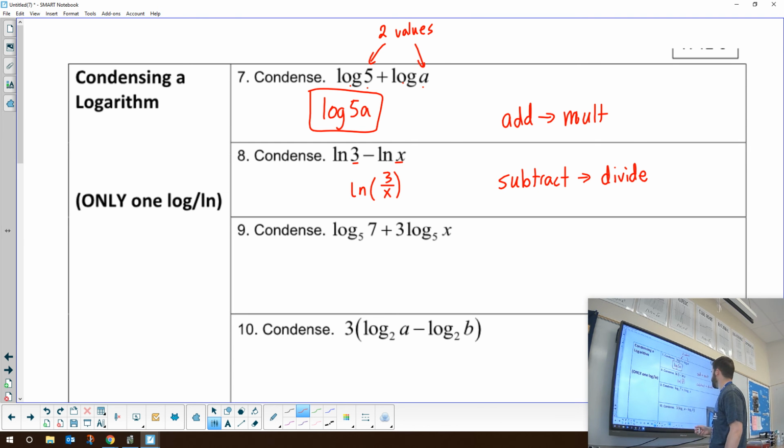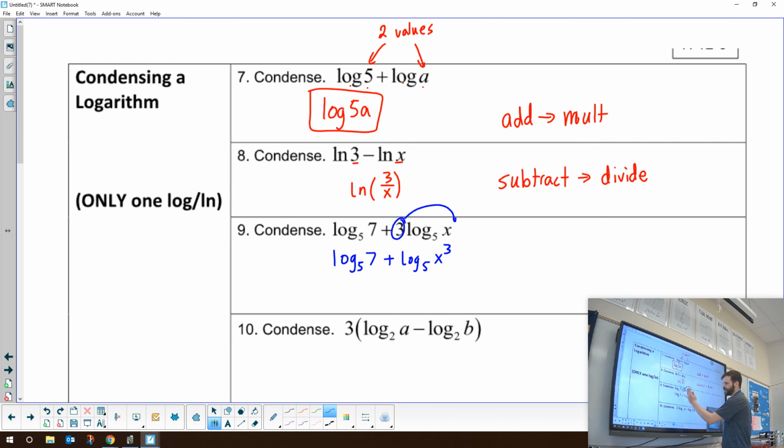On the next one, before we do anything, remember, we're going the other direction. Since I have a number in front here, I'm just going to rewrite it as a value in front. So I'm going to rewrite this as log base 5 of 7 plus log base 5 of x cubed.